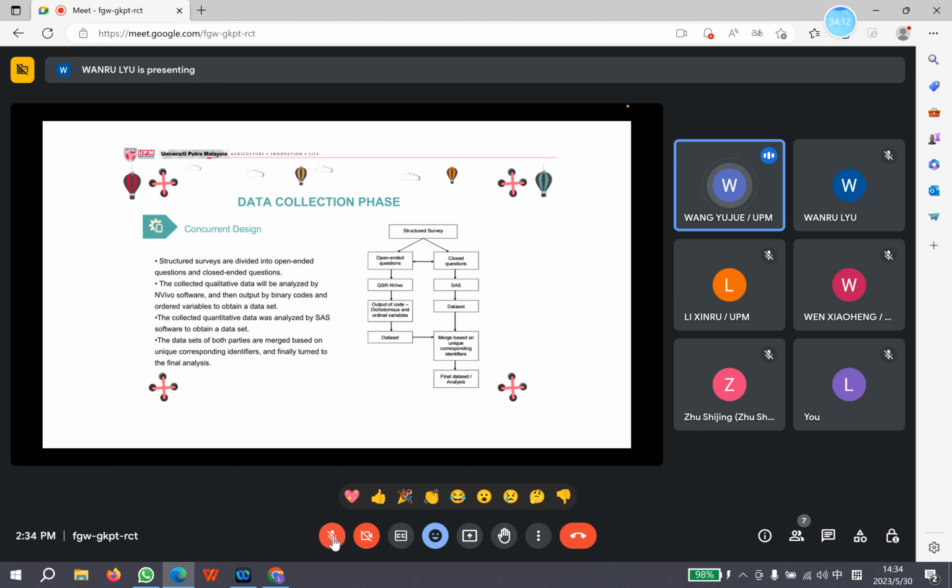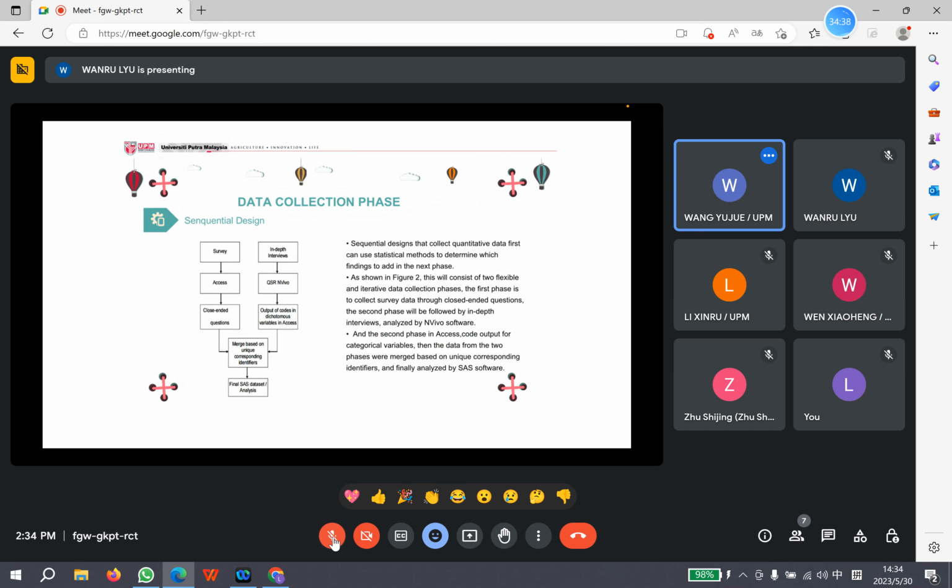And the collected quantitative data was analyzed by SAS software to obtain a data set. The data sets of both parts are merged based on unique corresponding identifiers, and finally sent to the final analysis. Next, please.